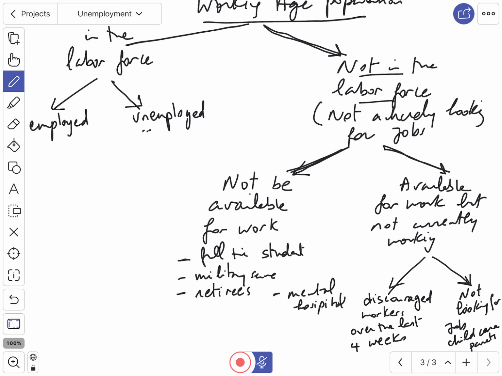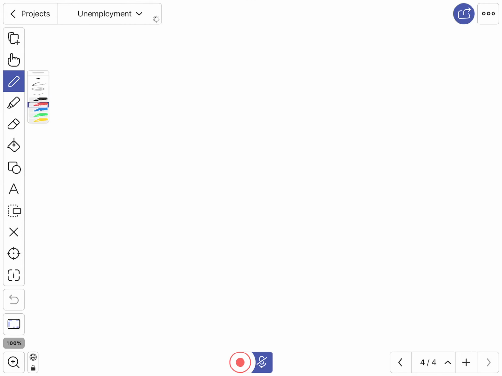So if I ask you, what is the labor force? The number of people in the labor force is the number of people employed plus the number of people unemployed. This is one of the famous statistics, so let me write it here.